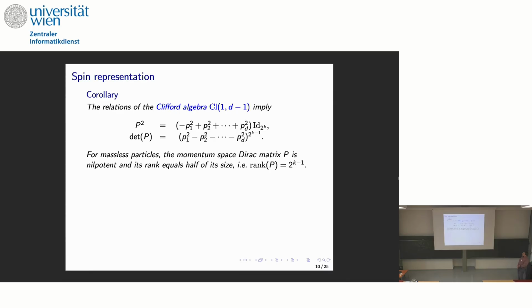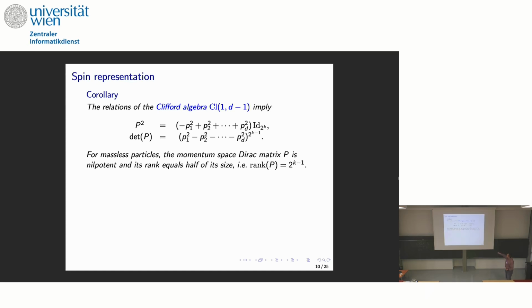Now, the relations on our Clifford algebra have some nice consequences. P squared is actually a multiple of the identity matrix, and this is exactly the value of this inner product, and this answers your question.